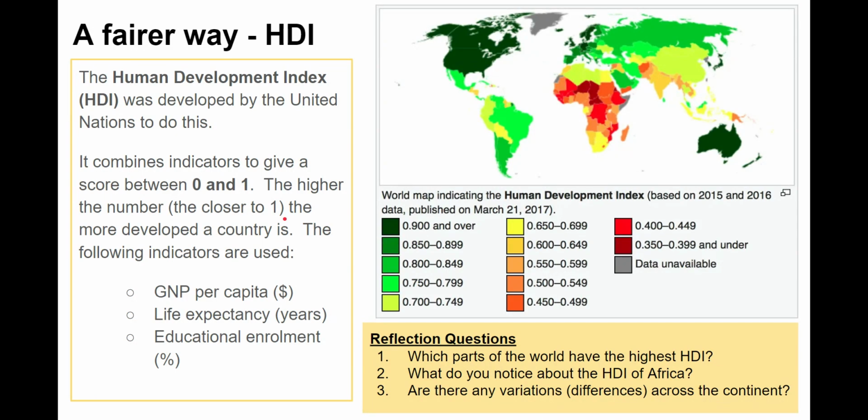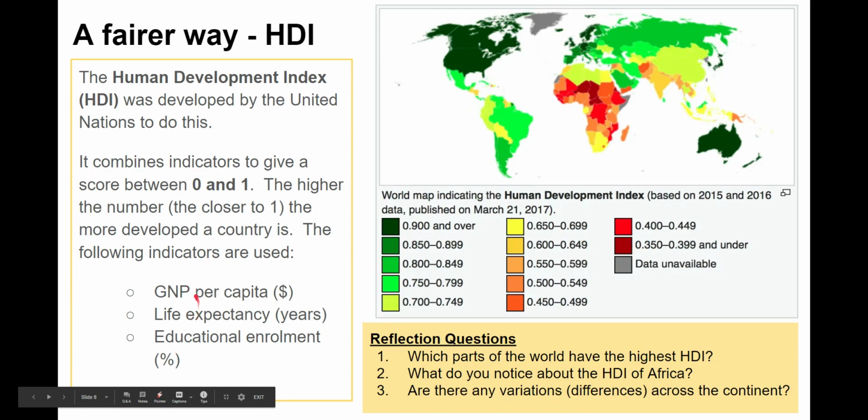There are 3 indicators that are used. GNP per capita, so it takes into account the wealth of the country. Is it a rich or a poor country? It uses life expectancy, which tells us quite a lot about the healthcare in a country, also the access to clean water, the availability of food, and also educational enrollment, how good the education is in the country.